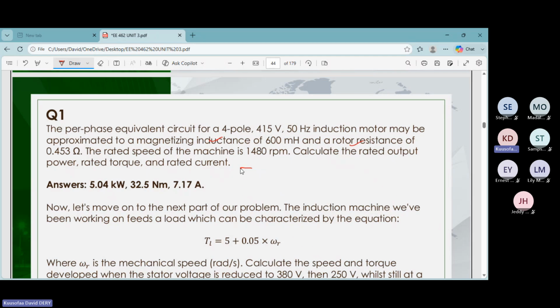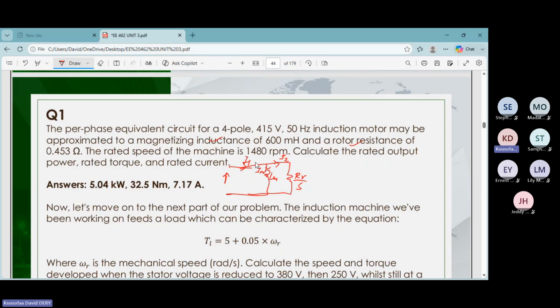So we only have the magnetizing inductance Lm and the rotor resistance R over S, and we have our supply voltage. Let's call this I1, this I2, which is the rotor current, and this probably IM. However we name it, that is what we are going to have.